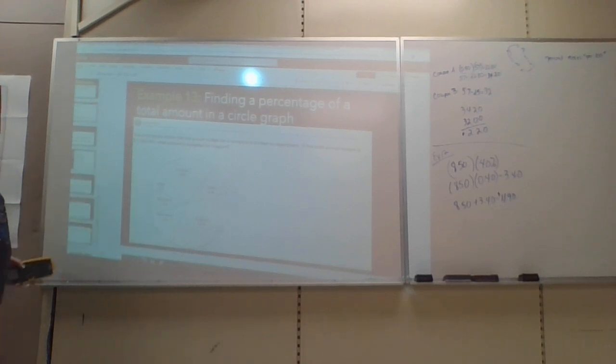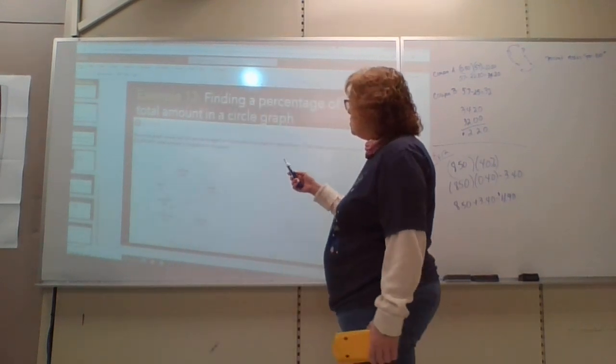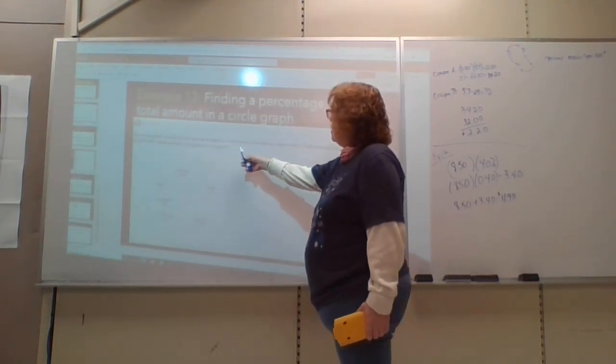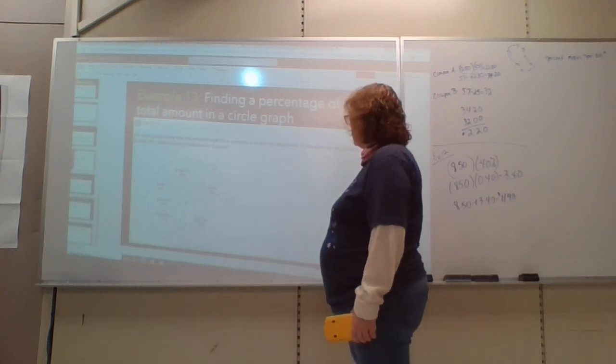Okay, now we're looking at this one. This is where we're gonna be finding the percentage of the total amount in the graph. The circle graph shows how the annual budget of a company is divided by division.